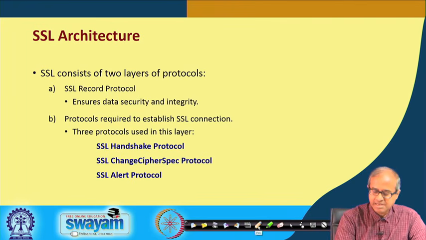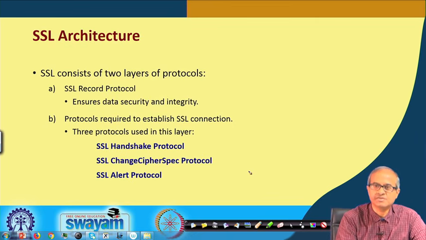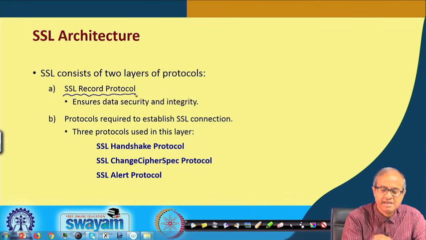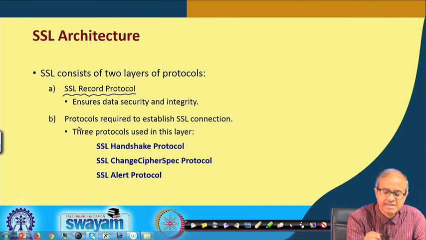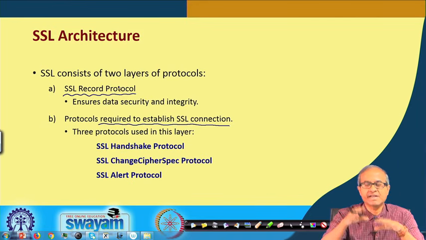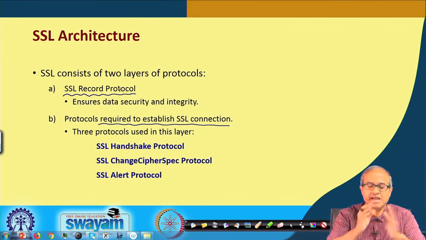Talking about the SSL architecture, there are broadly two layers of protocols. One is called the SSL record protocol, and the other layer has the protocols required to establish the connection. Now, in the SSL record protocol, all encryption, authentication, hash functions, etcetera, are handled by this layer.